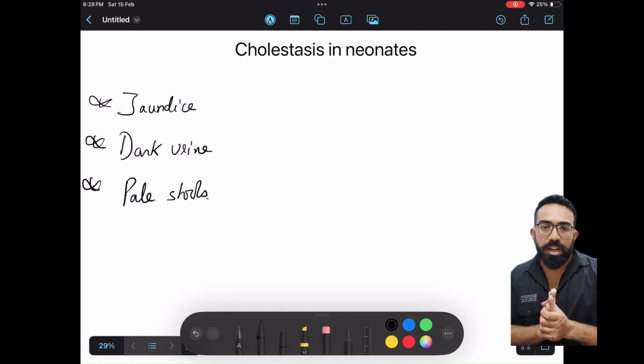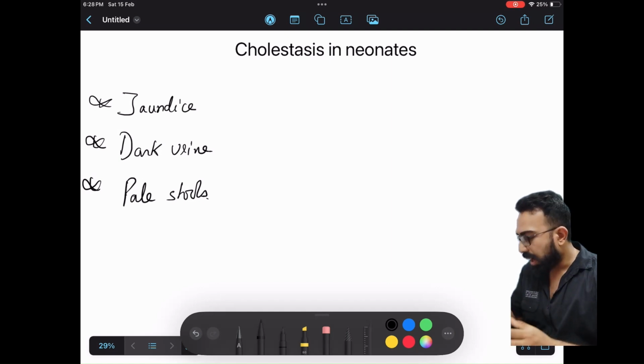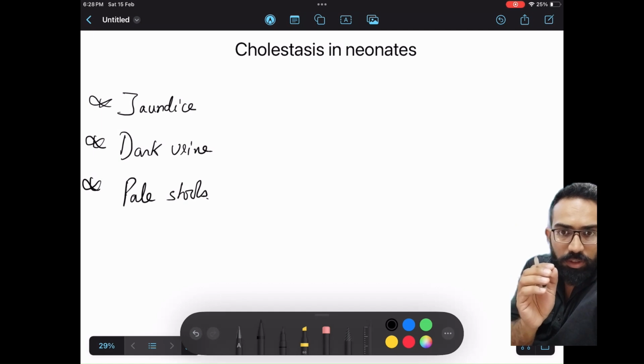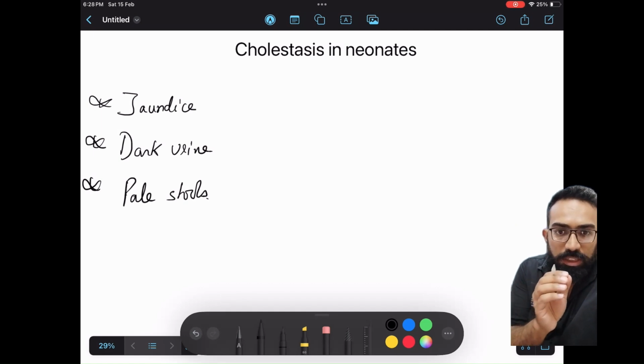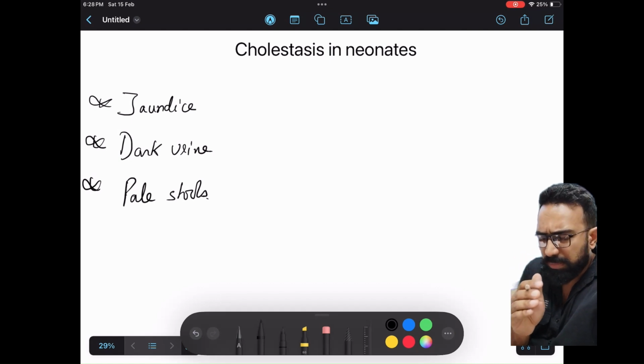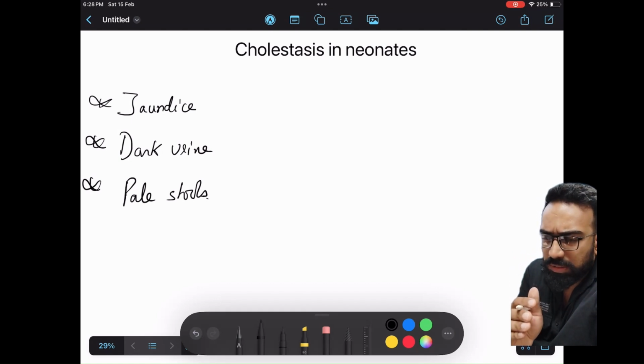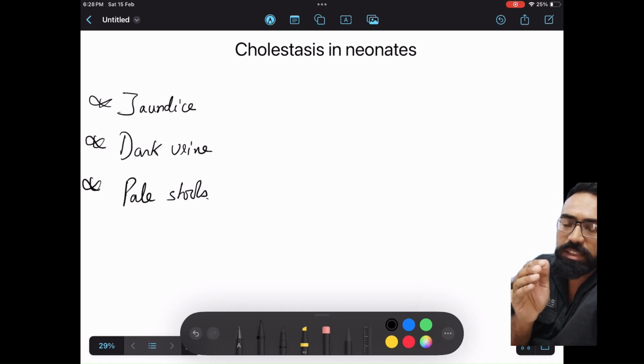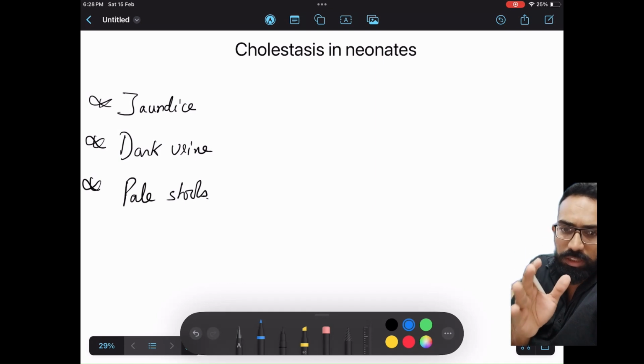Why is there going to be dark urine and pale stools? I am going to explain it to you. Whenever there is conjugated bilirubin, if it cannot pass down in the manner in which it is supposed to pass down, it goes and mixes with the plasma and it is excreted in the urine. So it gives the urine a dark color.